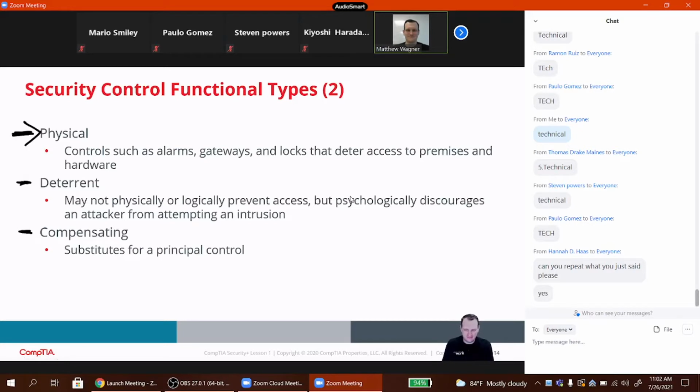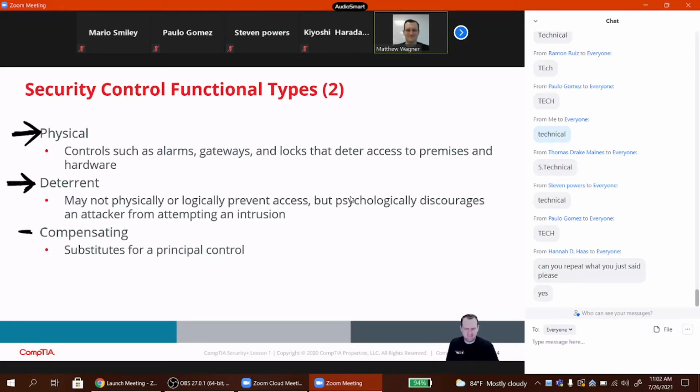How about deterrent versus compensating? All right, you think these are the less straightforward of the options we have here for different types. Deterrents, they do not detect. They do not prevent.